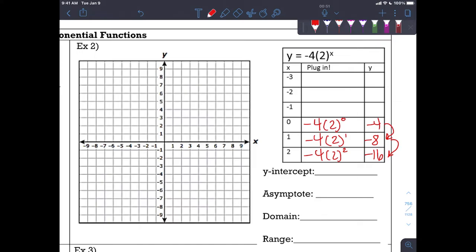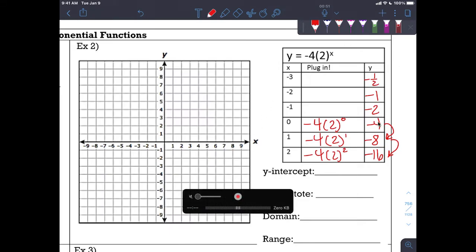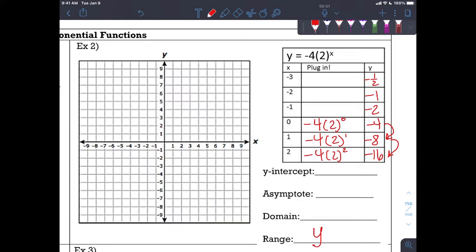So if I want to head in the opposite direction, divide by 2. All right, so it looks like if I'm just looking at these values, it's heading towards 0. But these numbers are all below 0 on the y-axis. So this would probably have a range of y less than 0.